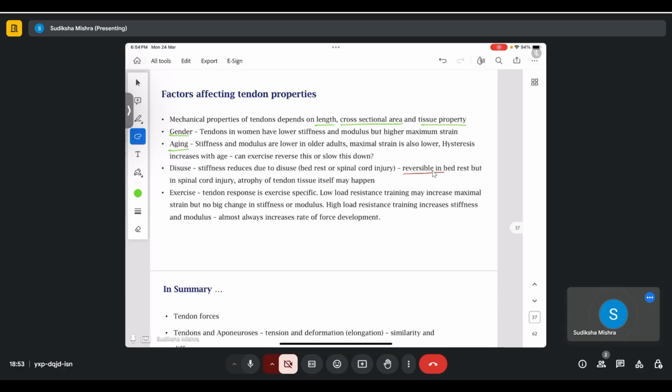Essentially, with age, stiffness and modulus go down, and the maximal strain also goes down. Hysteresis increases. Exercise in general can help in mitigating some of these effects, but there will be some decay in the stiffness and modulus and maximal strain with age.